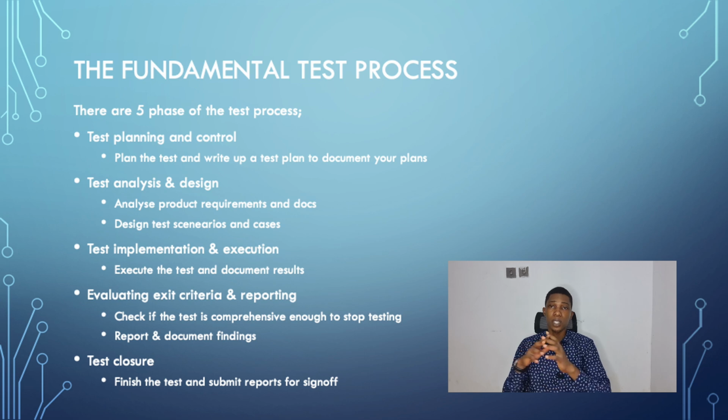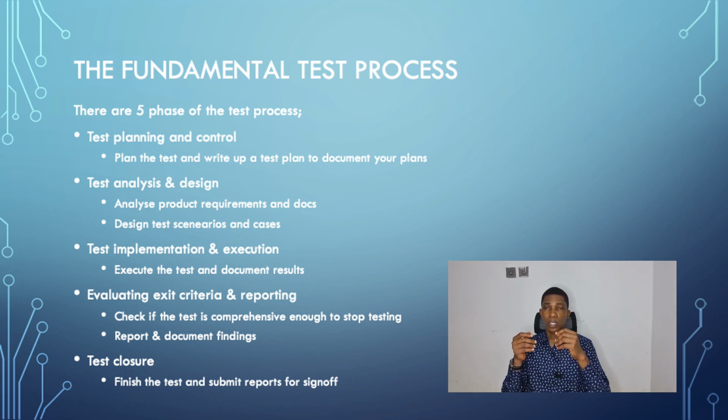Test implementation and execution is the third phase of the test process, right? During test implementation and execution, the test conditions and test cases you designed, you now implement them. You set them up and begin to execute them against the software product.